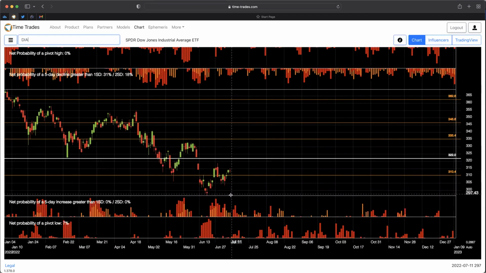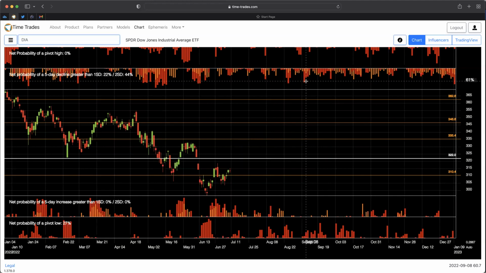Diamonds aligns a little bit more closely with the Qs. We've got a couple of updates here, the 12th and 13th. We also have a little bit of a pivot low, and then we can see steadily increasing down periods as we progress into September.